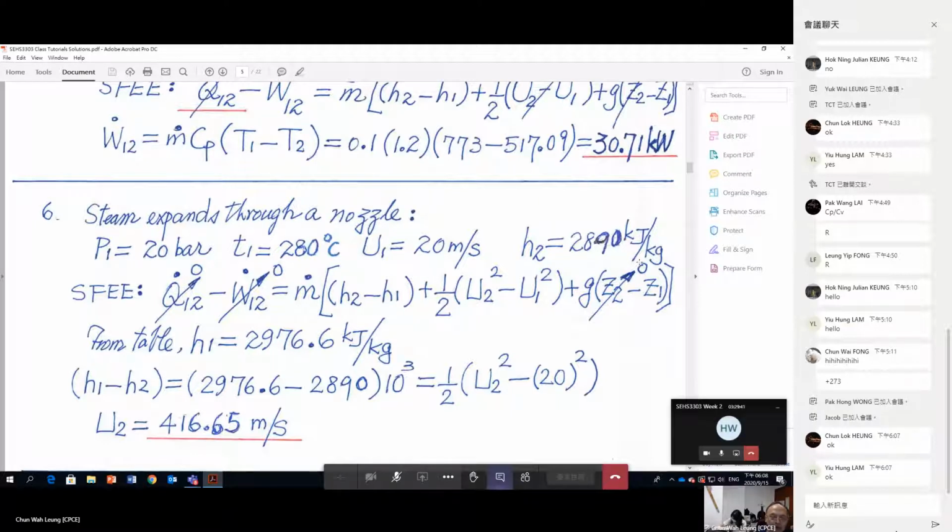So therefore, I need to multiply the enthalpy H by 1000. 乘翻1000，一邊係 kilo，一邊唔係，相差咗1000倍，所以你要將個 enthalpy H 將佢化翻做 Joule 先，咁咧，therefore I can work out the velocity is 416.65 meter per second，計到啦，400幾個 meter per second。Question?